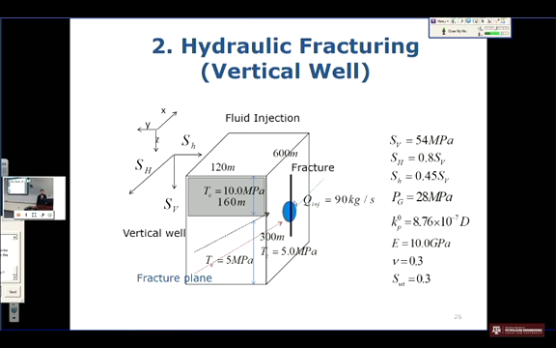Here is the line source because of the vertical well, and we have some heterogeneity, having strong formations of overburden with a 10 megapascal tensile strength, whereas we have a 5 megapascal tensile strength elsewhere, and a dimension like 600 meters, 300 meters, and 120 meters. Young's modulus is 10 gigapascal, Poisson's ratio is 0.3, and initial water saturation is 0.3.